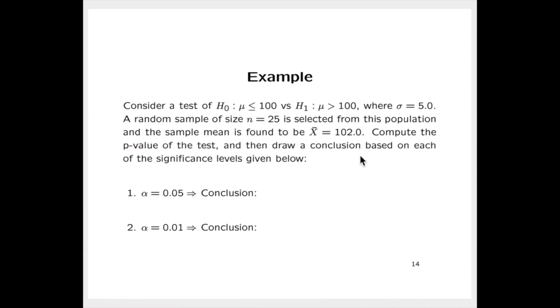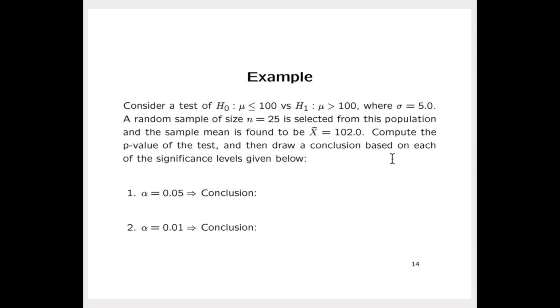It's a related example. So we're going to consider the same test, the null hypothesis being that mu is less than or equal to 100, the alternative being that mu is greater than 100, and again we're going to assume that sigma is 5. We're going to assume that we've got a random sample of size 25 selected from the population. And in this case, we're going to assume that the sample mean from the data is 102.